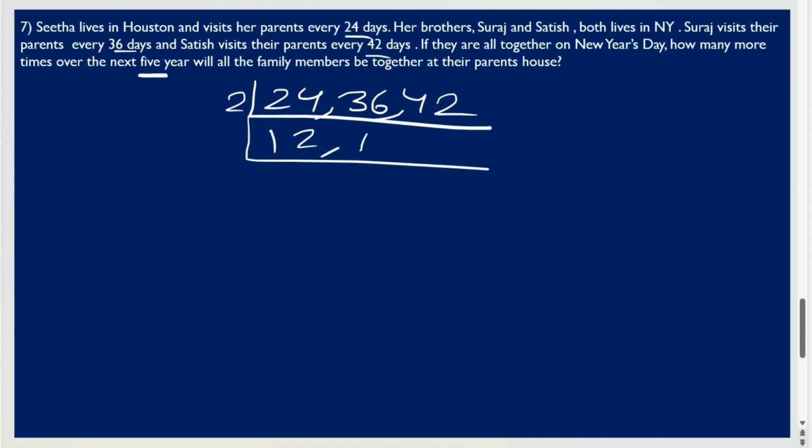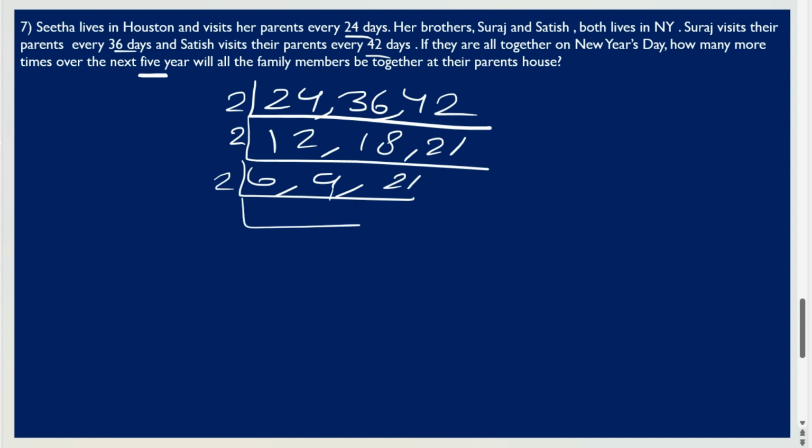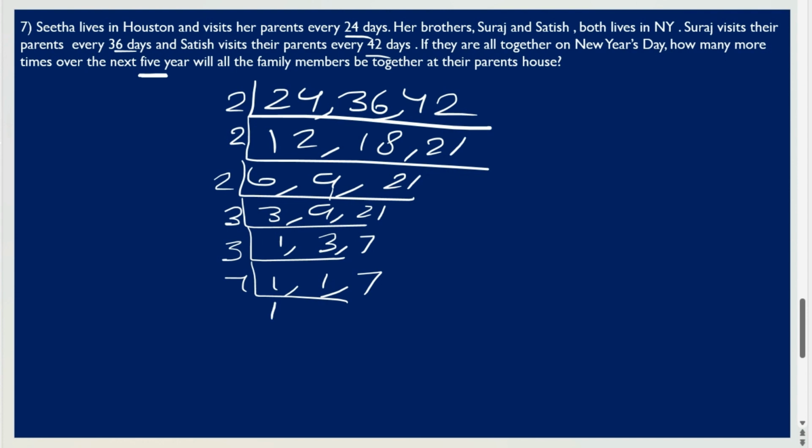Let's divide. We're going to get 18 here, and then here's going to be 21. We can divide again. So 6, 9, and we can't divide 21, so we're just going to leave it. Then another 2: 3, 9, 21. Then a 3: 1, 3, 7. Then another 3: 1, 1, 7. And then 7, so we finally reached the one state.